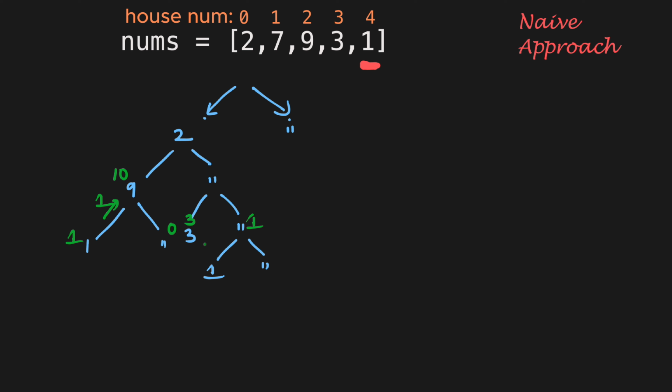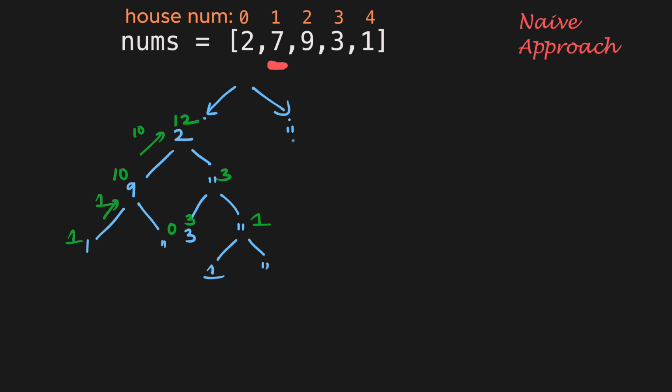But let's continue. And again the maximum loot starting from house number 3 will be 3, and the maximum we can return to house number 0 will be 10. So the loot we can collect starting from house number 0 will be 10 plus 2 equal to 12. But we have another part to consider where we will skip house number 0 and try starting robbing from house number 1 instead.